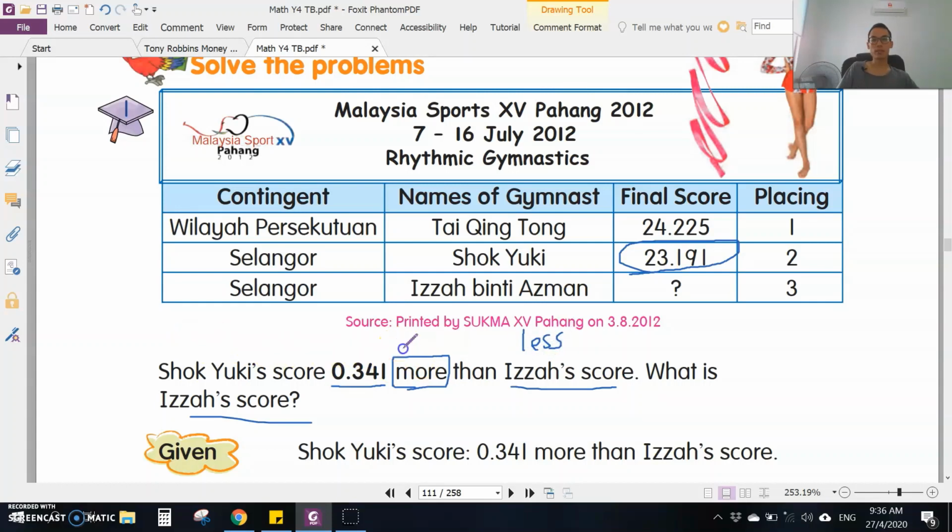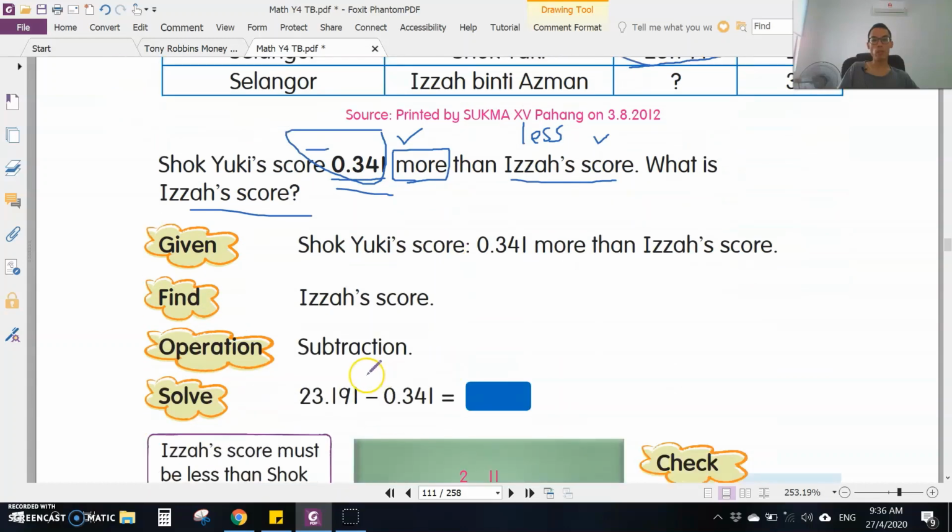Yuki's score is more. Iza's score is lesser. So to make the number lesser, you have to minus 0.341. So you take Yuki's score 23.191 and then you minus the difference 0.341. Okay, Yuki's score minus the difference.